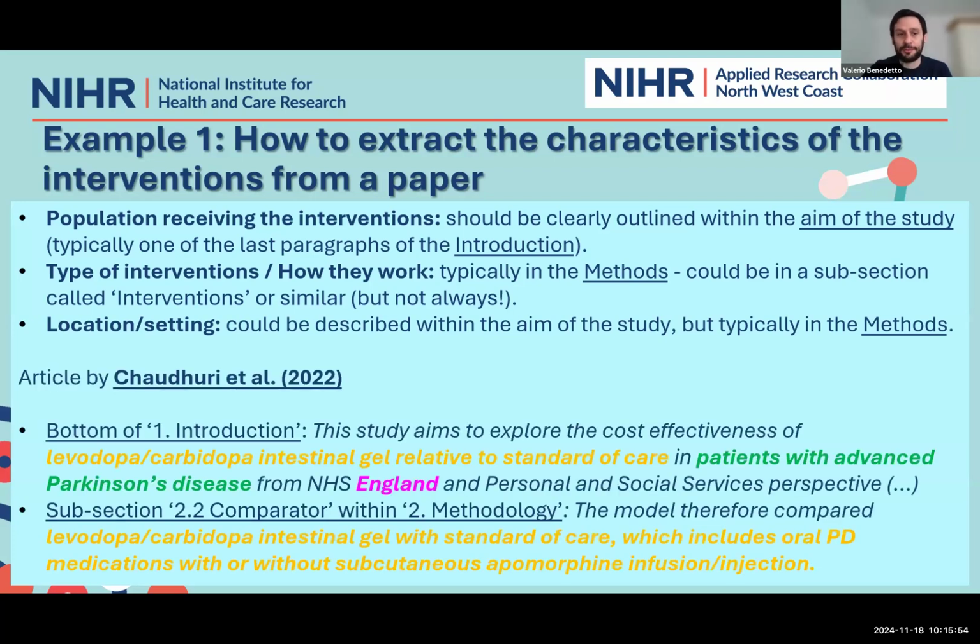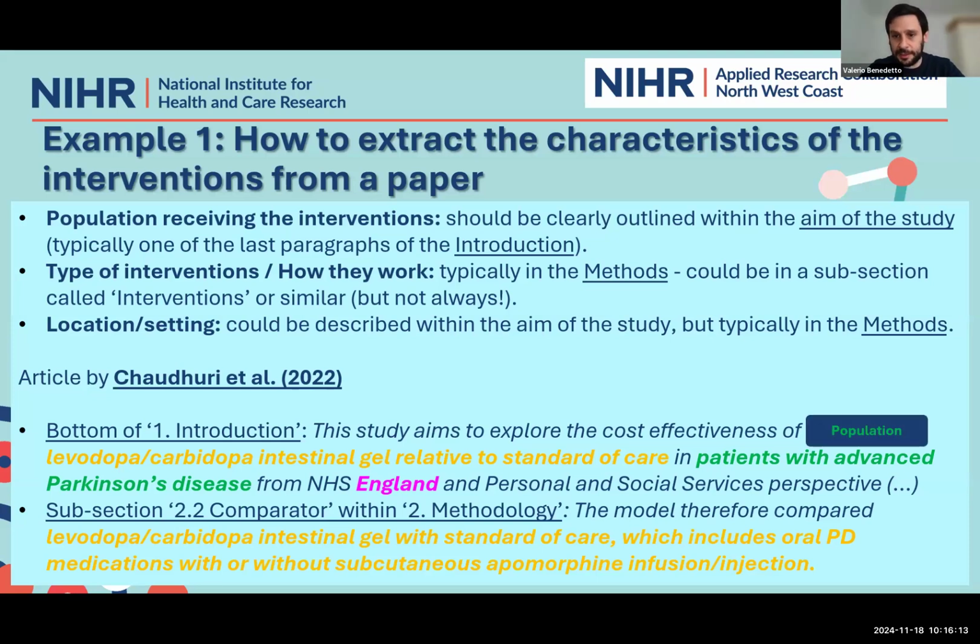And this is an example from an article from an economic evaluation on advanced Parkinson's disease. We did a RaCEE around this economic evaluation a couple of years ago, and this is how we located this information about the intervention.